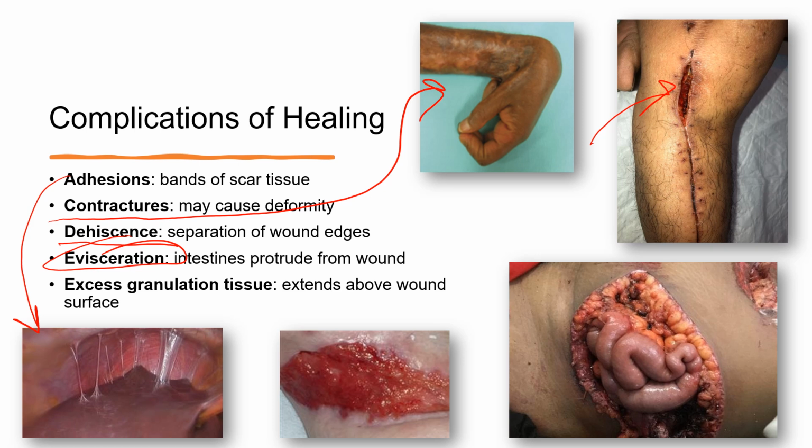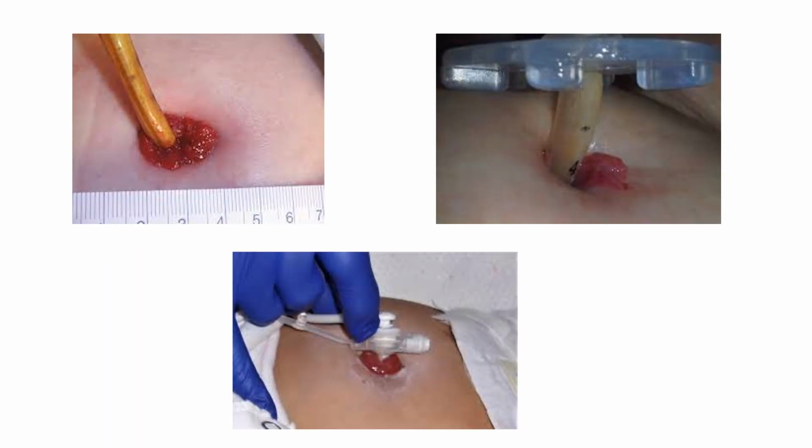That's an obvious evisceration. And then we have excess granulation tissue, like we see here. So this one is reddened. It looks very red, however, it's not bleeding. It can have some spotty bleeding, but it's not actively bleeding. And this is just granulation tissue that has grown in excess. You'll most commonly see that hypergranulation tissue around the G-tube site.